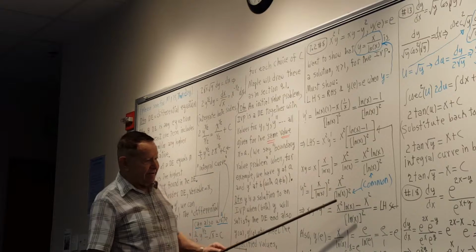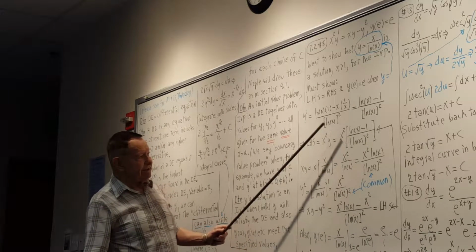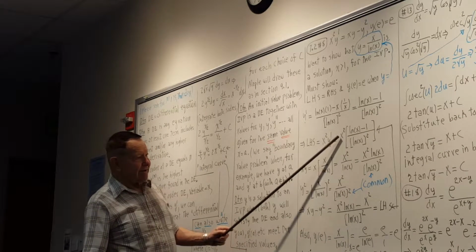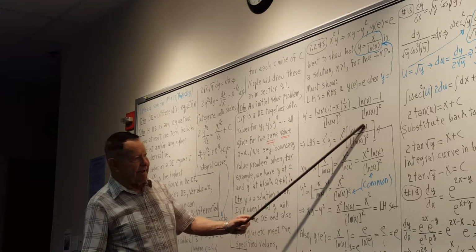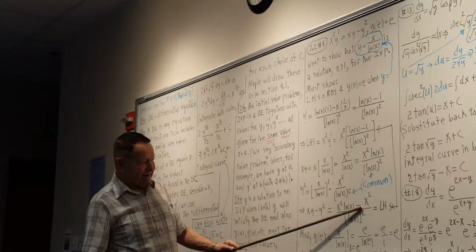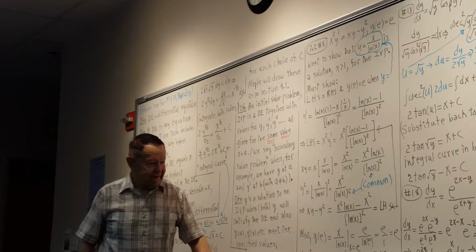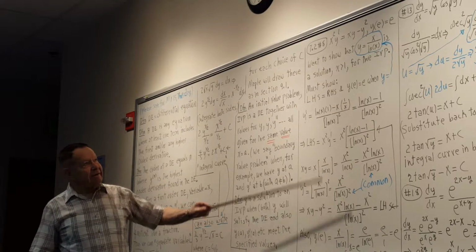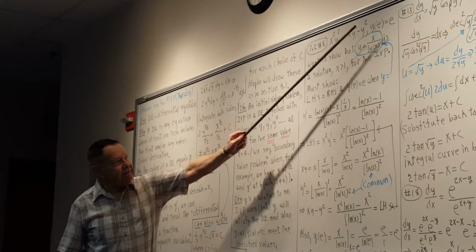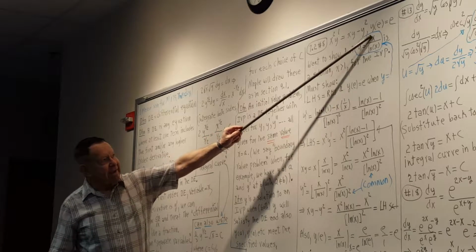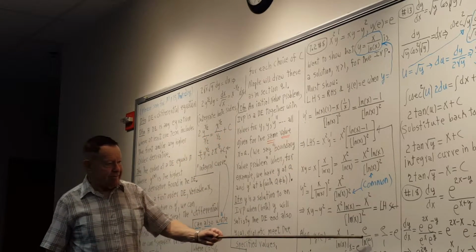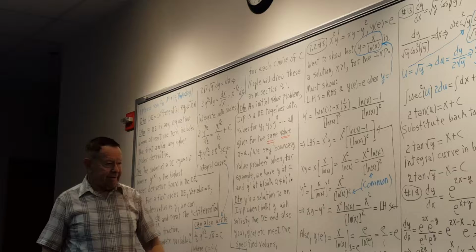You can either factor the x squared out to see it's identical to this, or you could take this one and multiply the x squared through and make it like that. And as we already said, the y of e is going to be e over log e, which is e.